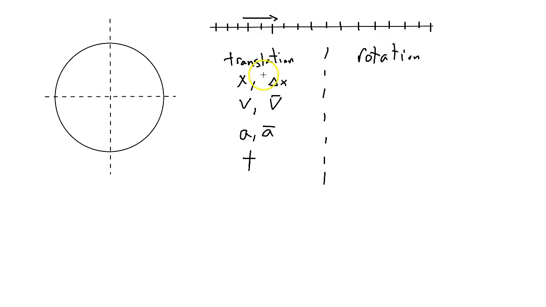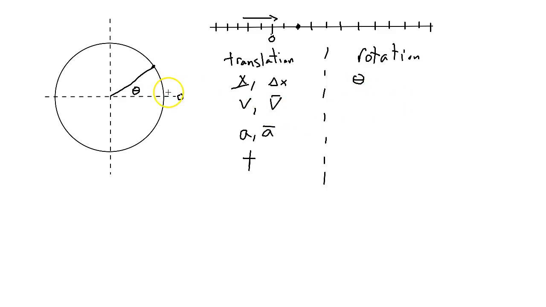So the first one I want to show you is position. We can have a position on a number line, just like we can have a position on a circle. While the position here is measured in some distance, if this is 0, that would be a position of 2. This is measured in how far away the angle is from 0 degrees. That would be called angular position.